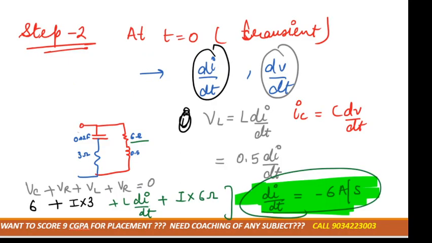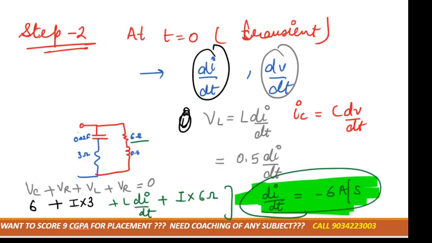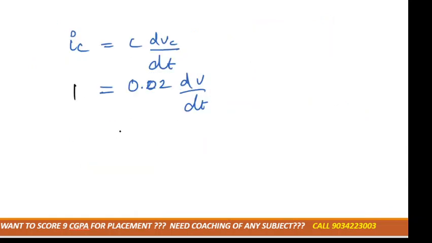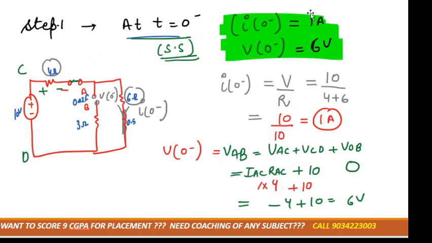C value is 0.02, right? dv by dt we need to calculate. I is equal to 1 ampere. So from this we'll get the dvc by dt value also, right? Got it? I we already calculated now.